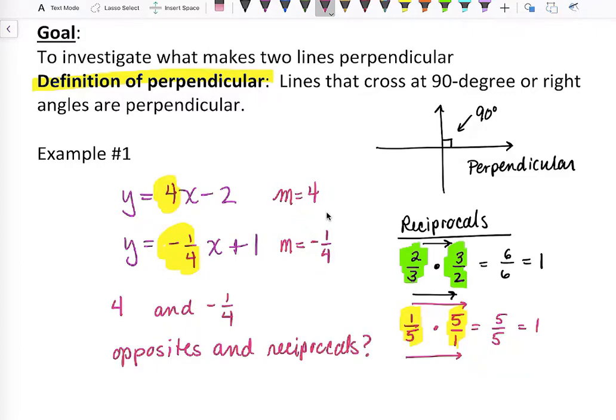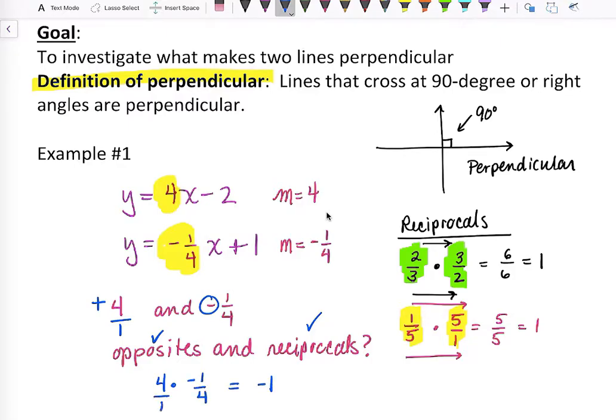To do this, we look at our two numbers. One of them is positive and the other is negative, so they are opposites. Are they reciprocals? Well, 4 is the same as 4/1, and 1/4 is the reciprocal of 4/1. So they are reciprocals. Another thing you could do is multiply them. Is 4 times -1/4 equal to -1?